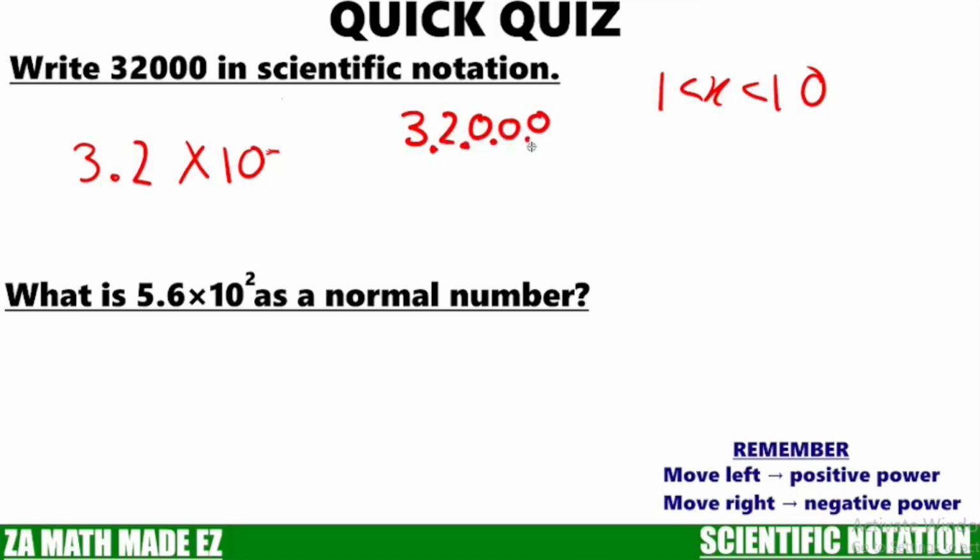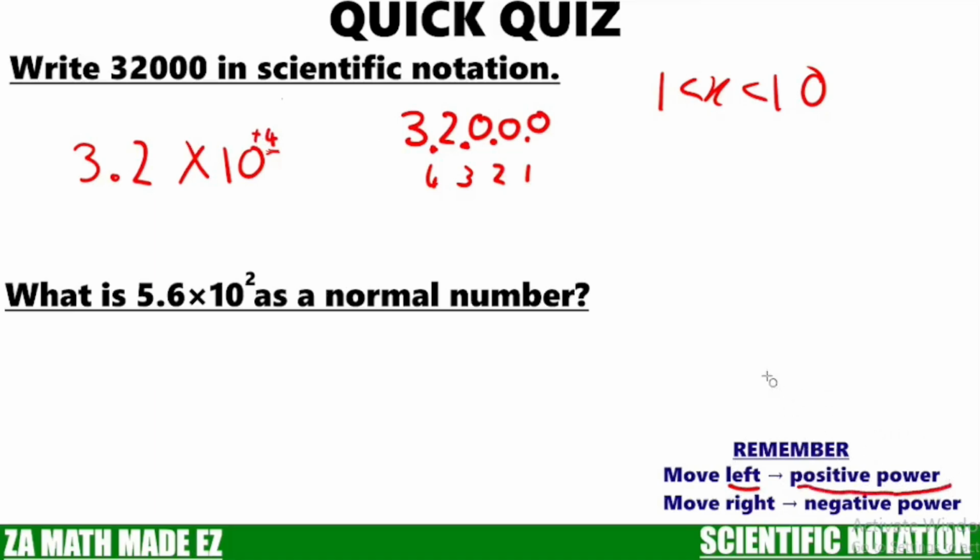But now let's count the number of decimal moves we needed for it to become 3.2. So that would be 1, 2, 3, 4. So that would mean the exponent over here will be 4, because we move the decimal 4 times to the left, and it will be positive, because remember, when we move left, it will be a positive power.